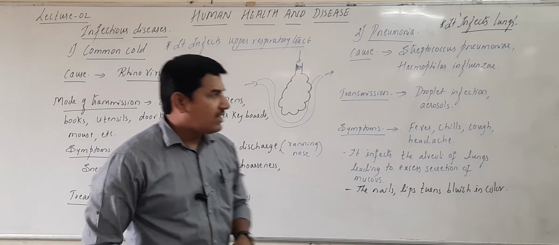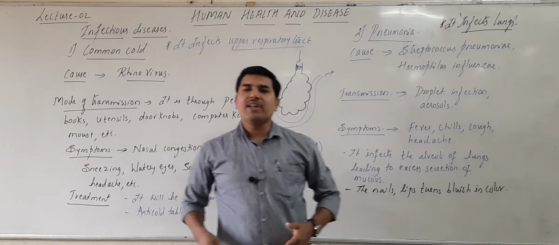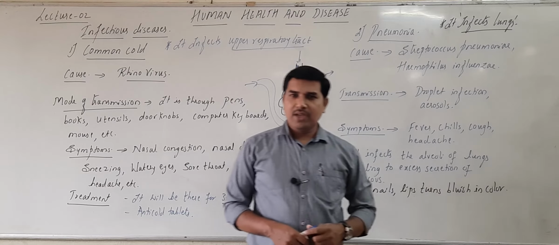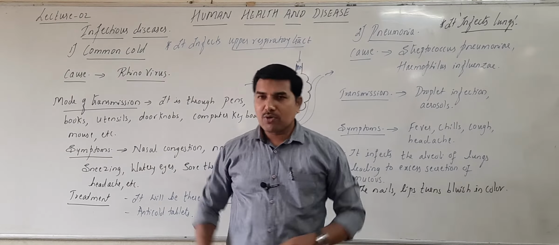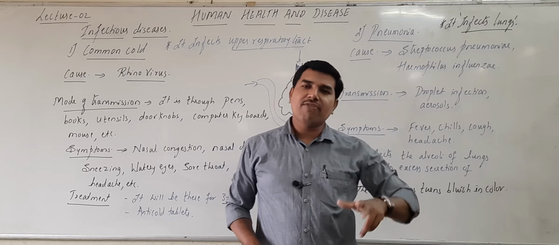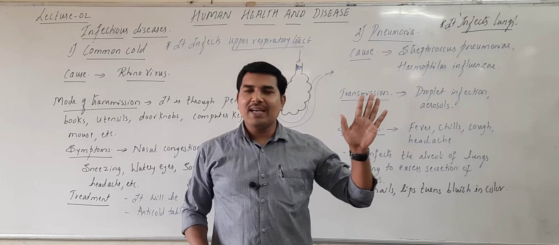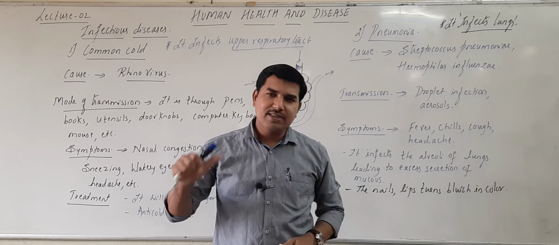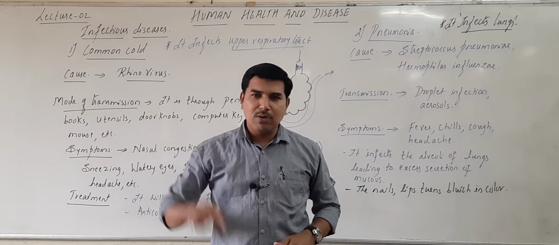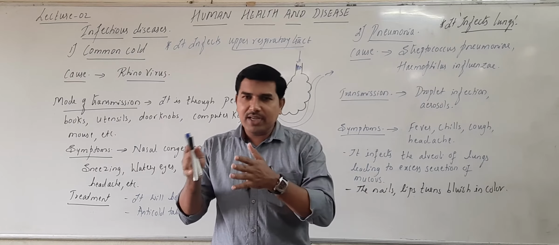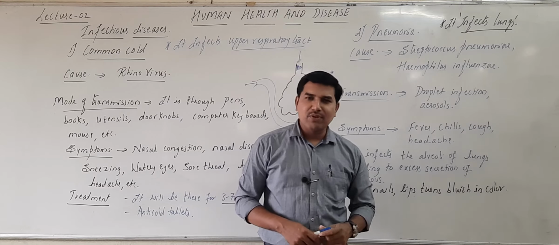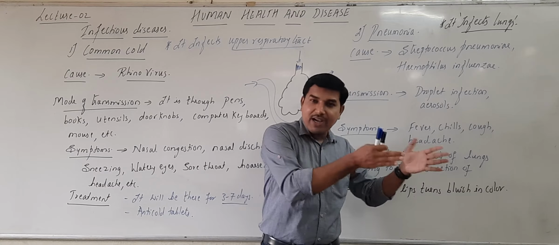Okay, now as we are going to discuss, there are various diseases on the list. First one common cold, second one pneumonia, third one typhoid, fourth one malaria, then fifth one ascariasis, amoebiasis, filariasis, ringworm. So we are going to study around 8 different types of diseases caused by different agents.